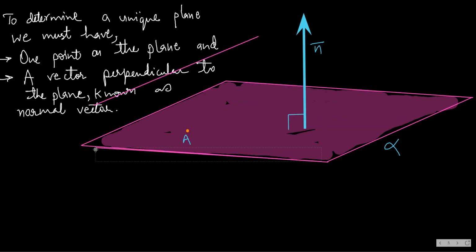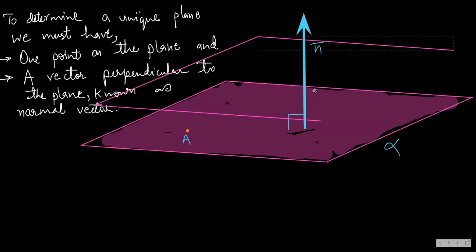Try to understand this. I am not given the point from where the plane is passing. I'm only given that the plane is perpendicular to n bar. I'm only given the perpendicular vector.